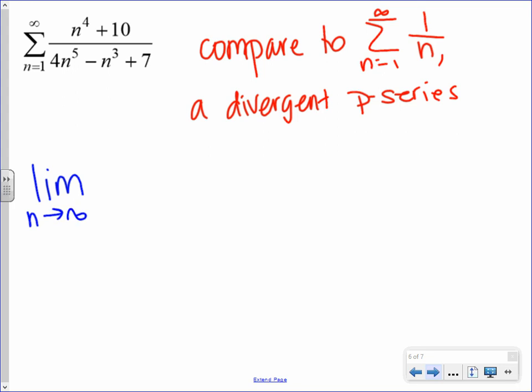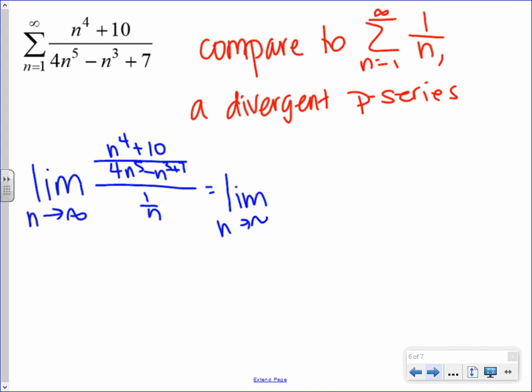So we're going to take the limit of n to the 4th plus 10 over 4 to the n to the 5th minus n cubed plus 7, over 1 over n. Don't multiply things out. I would just multiply by n over 1 and write that.